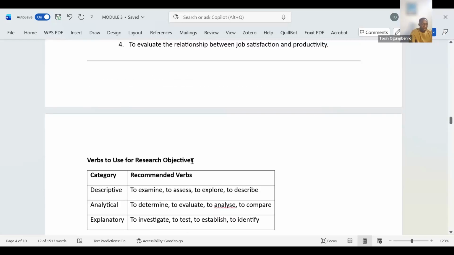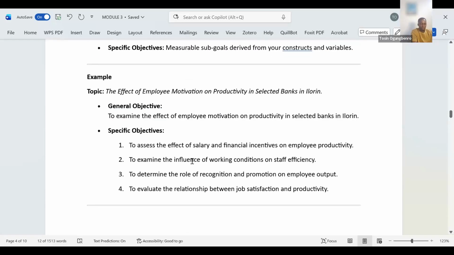So, for instance, objective 1 in our example is to assess the effect of salary and financial incentives on employee productivity. So our research question could be: to what extent do salary and financial incentives affect employee productivity?